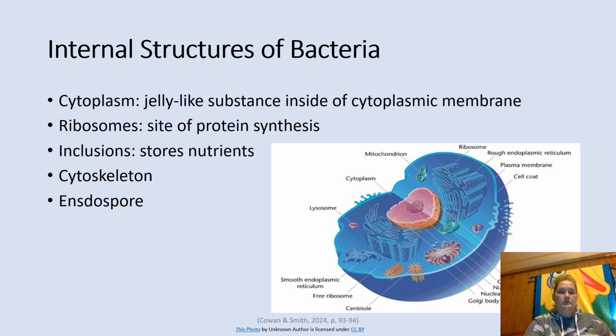It holds the ribosomes, inclusions, the cytoskeleton, and the endospores. The cytoplasm is made up of salts, sugars, and amino acids, and it's also 70 to 80% water. That is a solvent used for the supply of molecules, nutrients, and the building blocks of the cell.